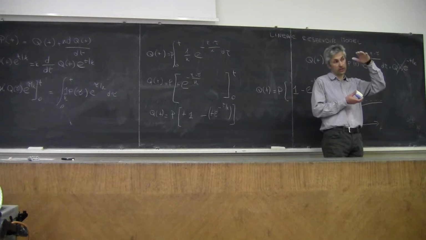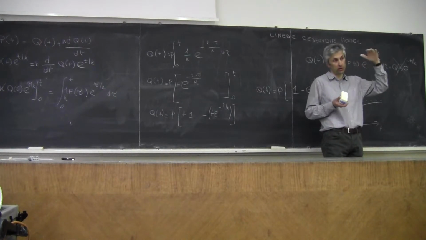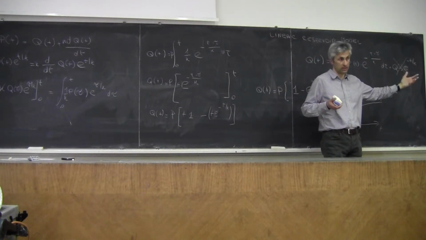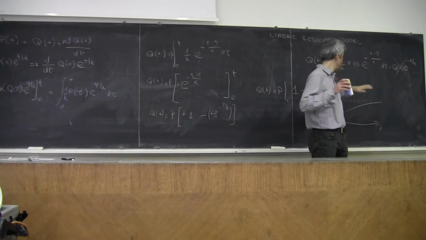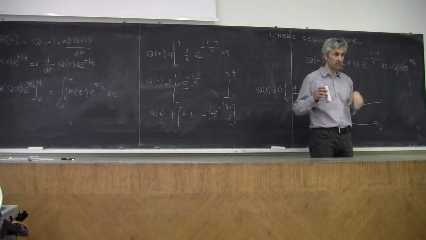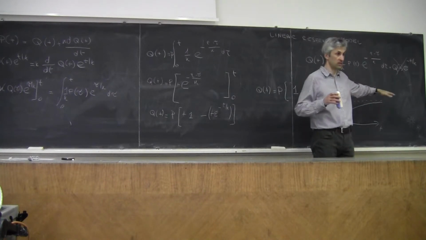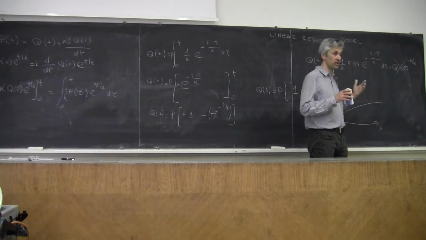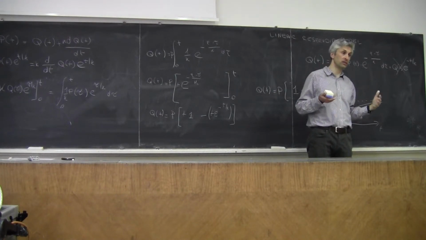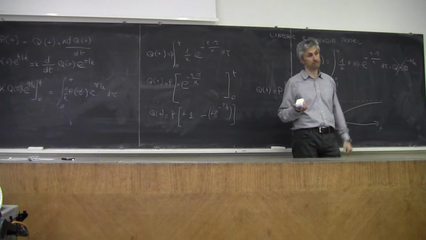And of course you get to a stable value of Wt as well, because Wt is just obtained by multiplying Qt times k, and therefore if Qt tends to P, then you have Wt tending to P times k.